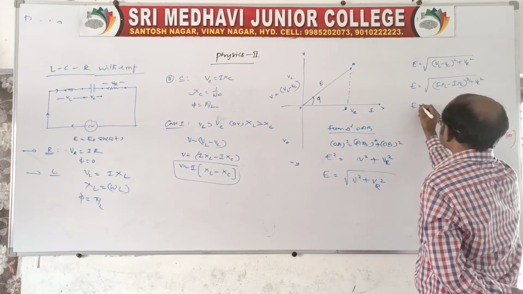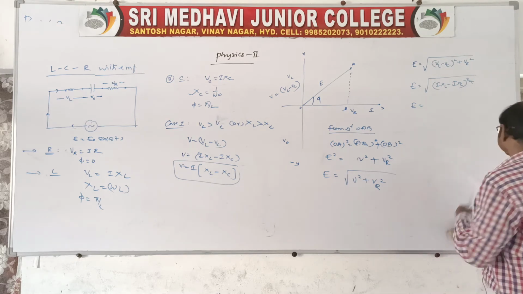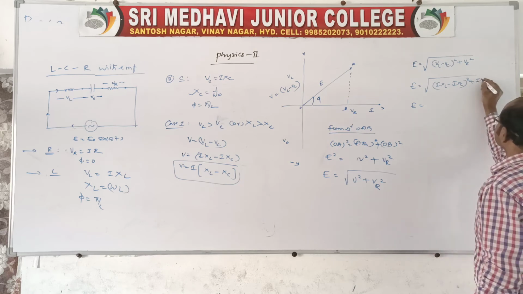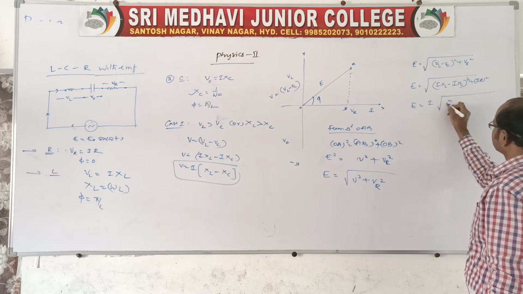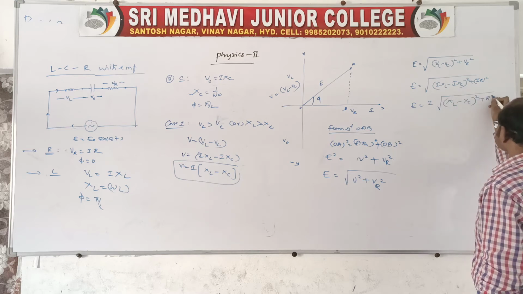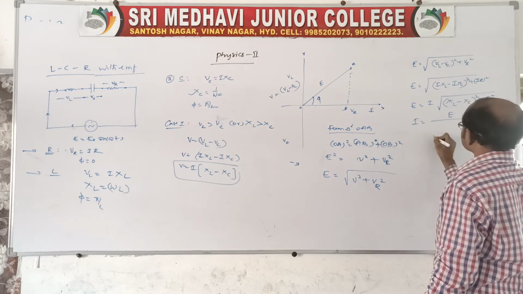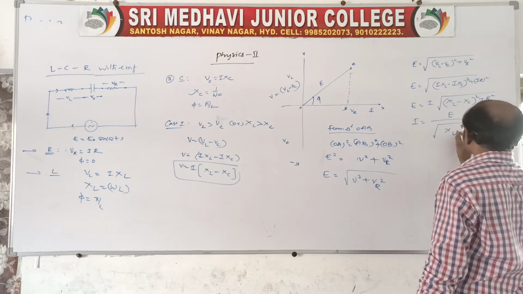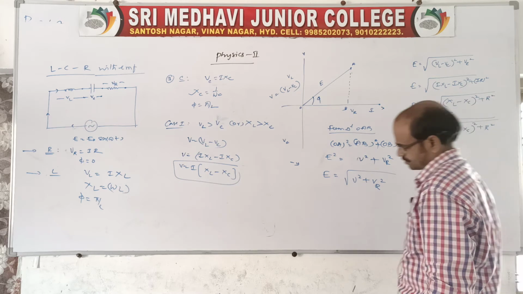So E is equal to, if I take I common, I root over (XL minus XC) whole square plus R square. So current I is equal to E by root over (XL minus XC) whole square plus R square.